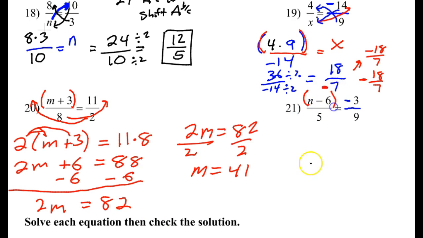Don't forget, parentheses, 9. And it's negative 3 times 5.